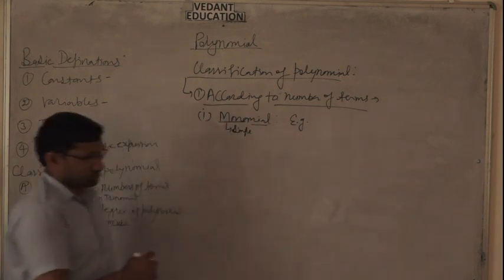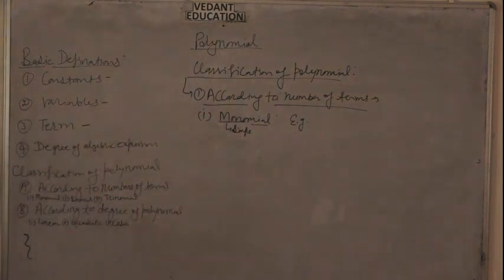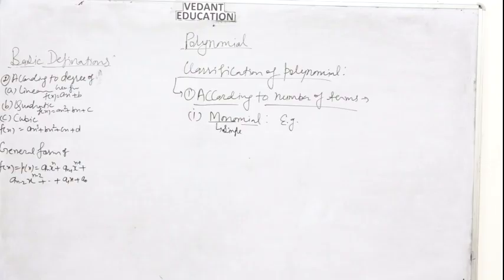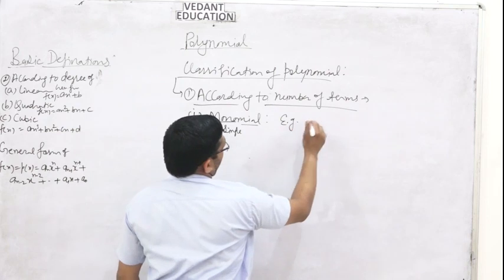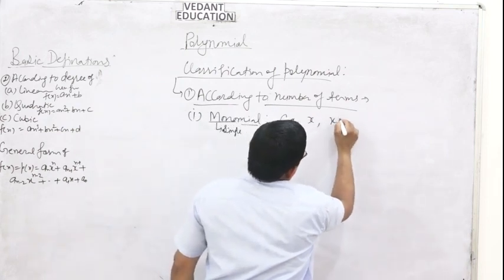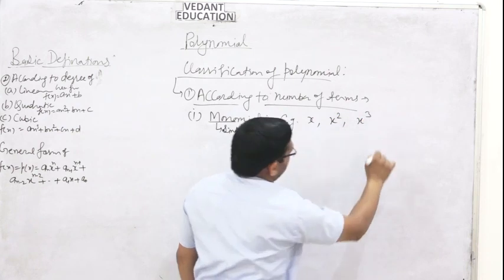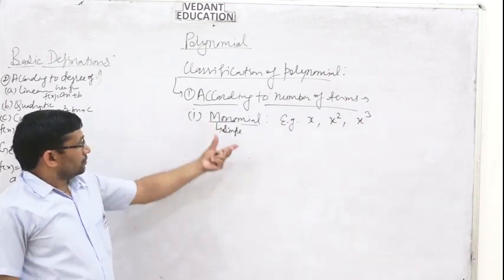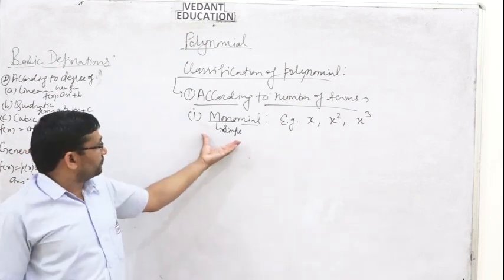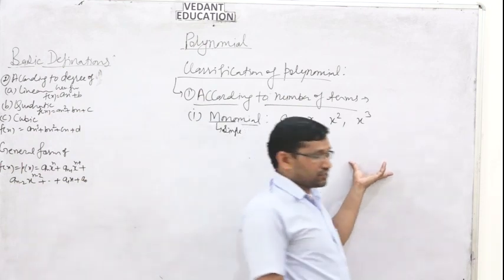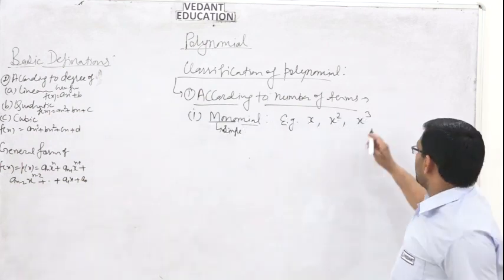Monomial examples: x square, x cube. The algebraic expression, otherwise the polynomial, which has only one term, a single term, is known as a monomial.